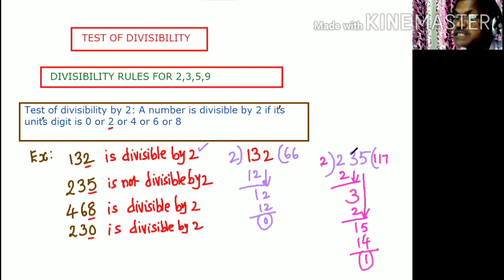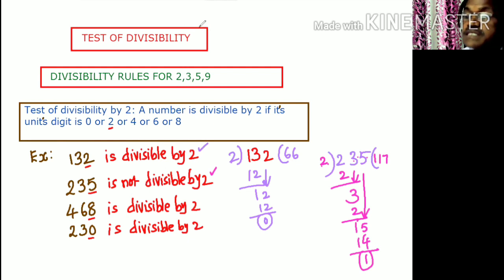So 2 does not divide 235 completely. So the same result we got here, and so 235 is not divisible by 2. So by this we can conclude that the number is divisible by 2 if its units digit is 0 or 2 or 4 or 6 or 8.